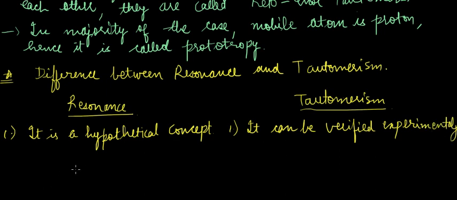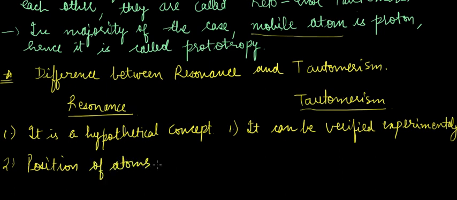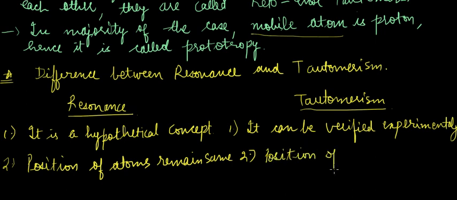The second point is, in resonance the position of atoms remains the same, but in tautomerism the position of atoms changes, as you can see that the mobile atom is the proton in the case of tautomerism.